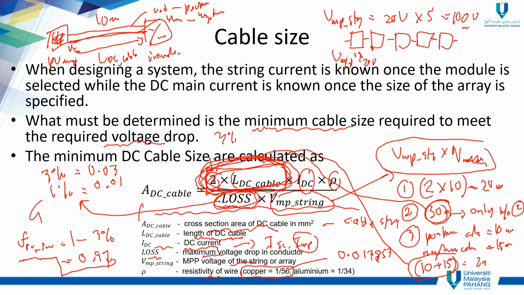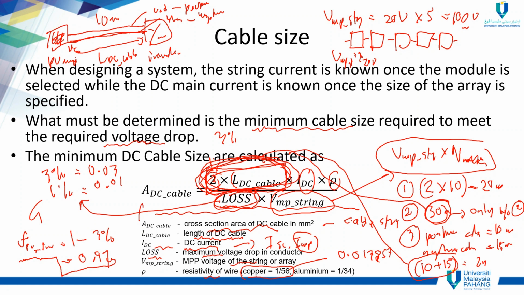Maybe there's some obstacle on the plus side, that's why both cable lengths are not the same. That's logic. Not only 10 meters plus 10 meters, if the same, okay lah, but it's very logical and possible when the cable positive is different to cable negative.